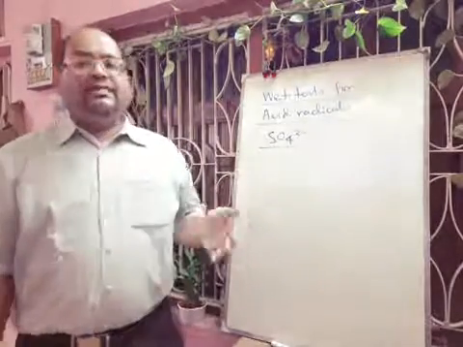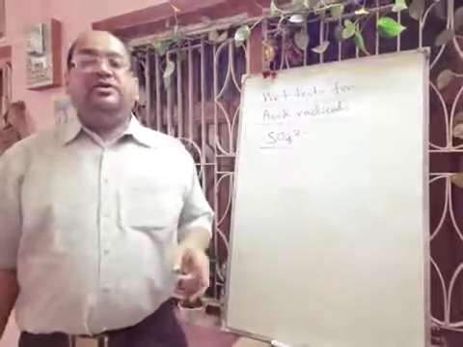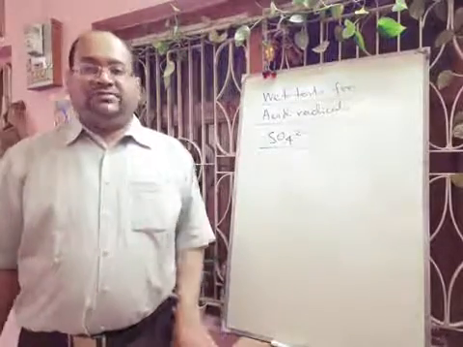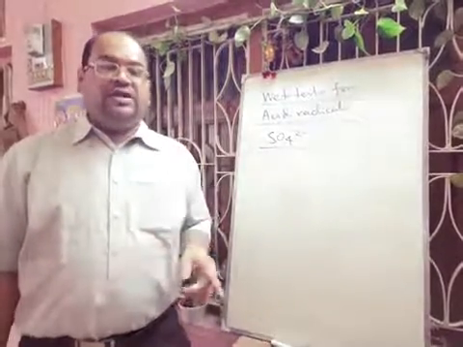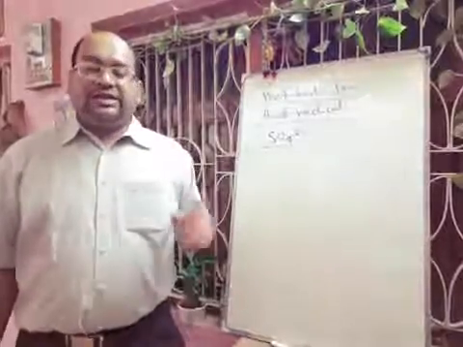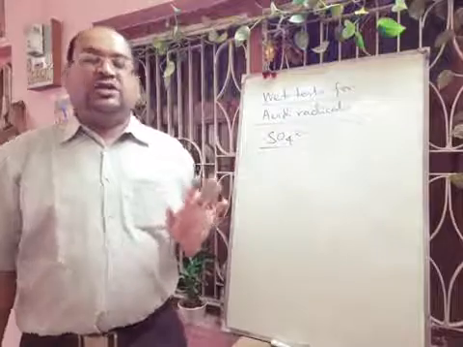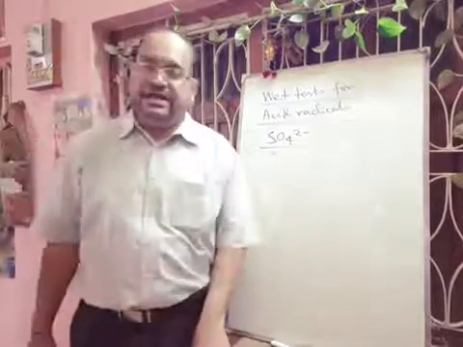We will definitely get a white precipitate, and that precipitate will not be soluble in dilute HCl. If it is insoluble in dilute HCl, it is nothing but barium sulfate, which, as all of you know, is insoluble. So in this way you can confirm that the sulfate radical is present.